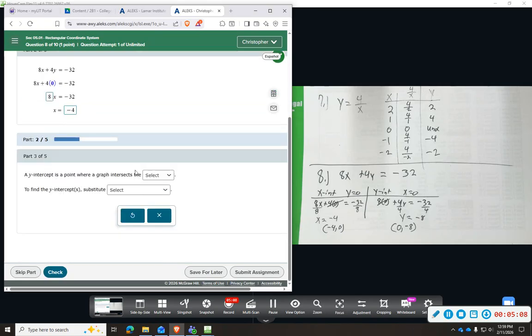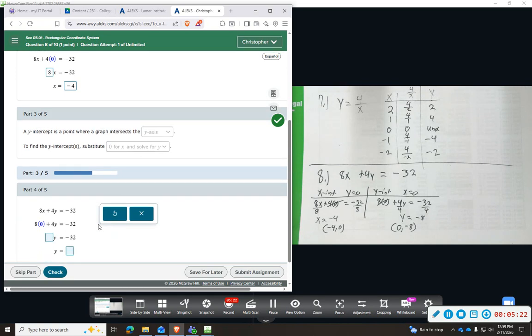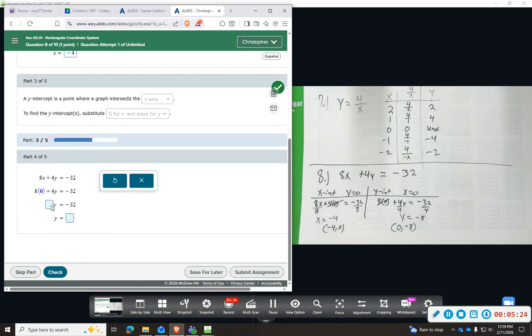All right, and then to find the y-intercept, it's the part where the graph crosses the y-axis. We're going to substitute 0 for x and solve for y. Here's this step by step. Once we finish here, that was 4y equals -32 and y equals -8.